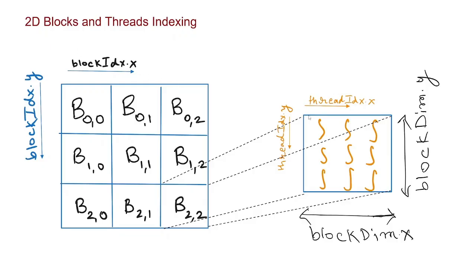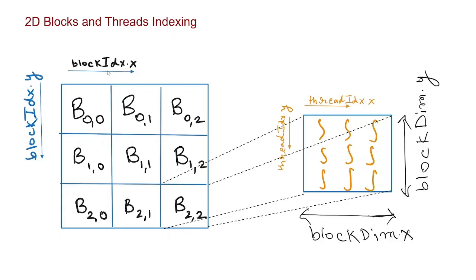Within the thread itself, it's similar. threadIdx.x spans the columns, and threadIdx.y spans the rows. A thread can know the dimension of the blocks from the built-in variable blockDim, with its attributes x and y, and in our case they are both equal to block size.